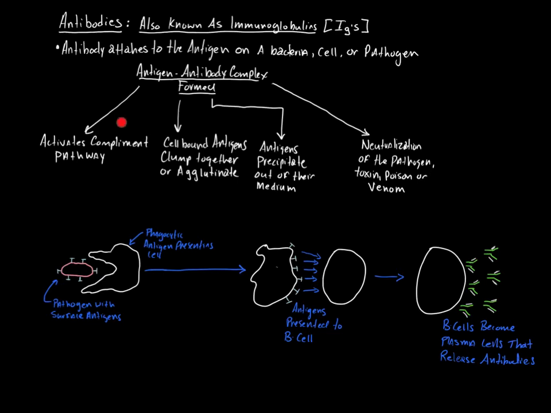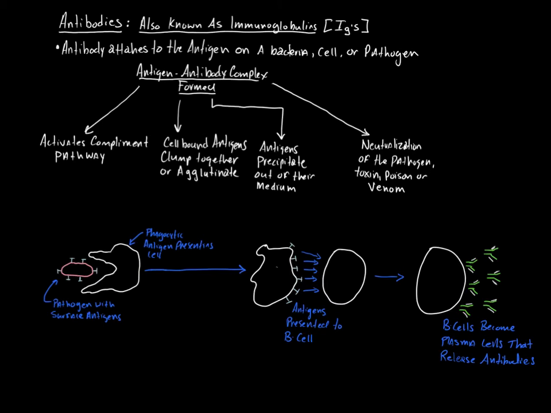The first thing that can occur is that this can go on to activate the complement pathway. We haven't talked about the complement pathway in any significant detail yet, and I may do a video on it. The complement pathway is a very important part of modulating the inflammatory response.